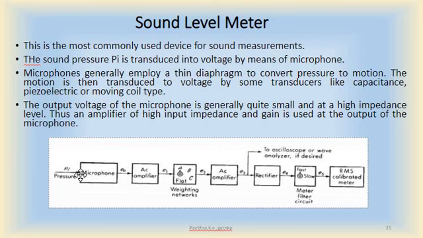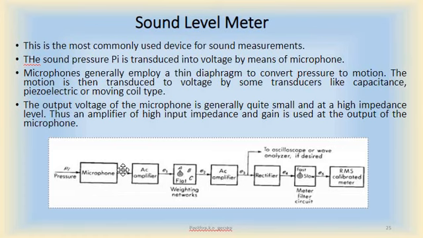So this is the input pressure, and this is the microphone. Inside it we have a diaphragm, and this diaphragm will convert the input pressure into corresponding motion or displacement. This displacement is converted to voltage by means of a motion to voltage transducer, which is also present inside this microphone.